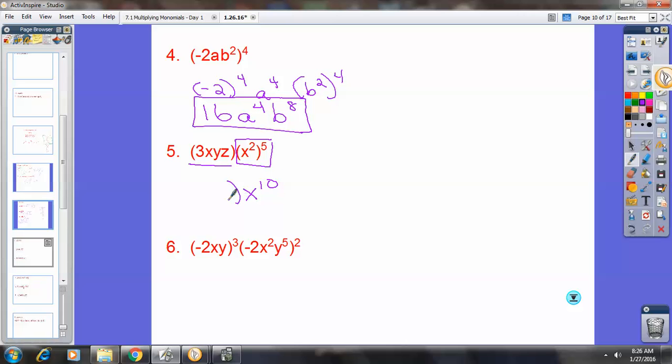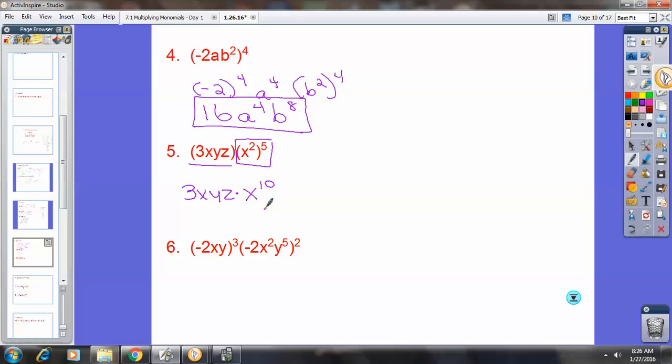I'm just going to bring down the first parenthesis. Is there anything else I can do to simplify? There is. The x's. Do you see that I've still got two x's in my problem? We're not adding, so don't worry about like terms.